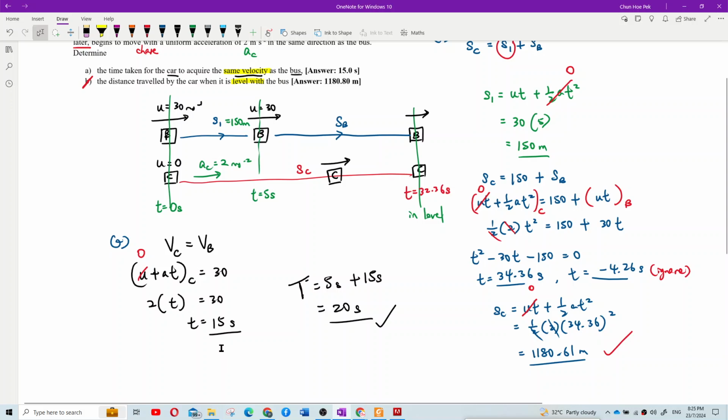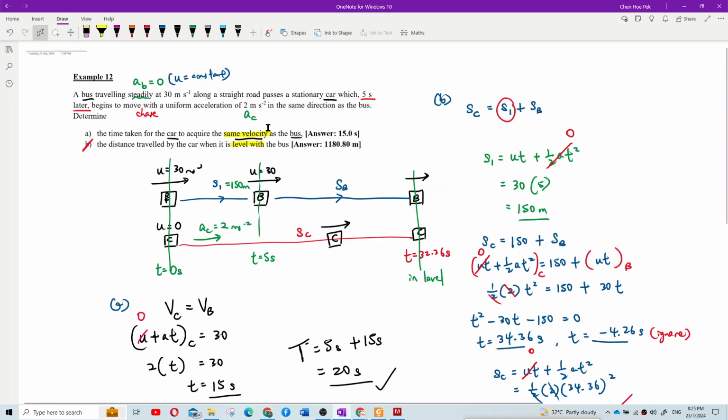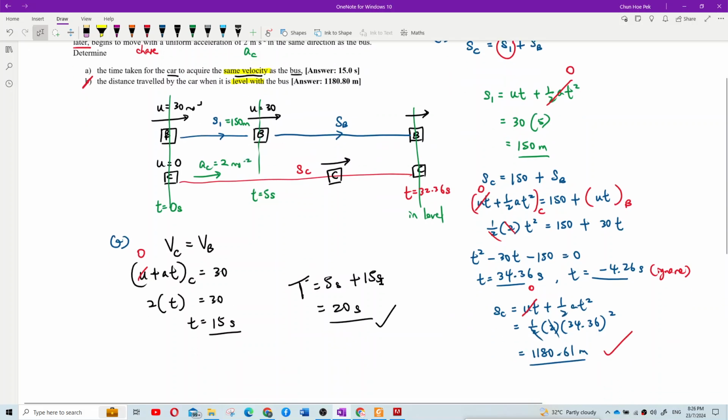So if you ask me whether to add the 5 seconds or not, what I say is for this question it is not clear. So the answer scheme can have two answers, maybe 20 seconds or 15 seconds. Some lecturer will argue 20 seconds, some lecturer may say 15 seconds.